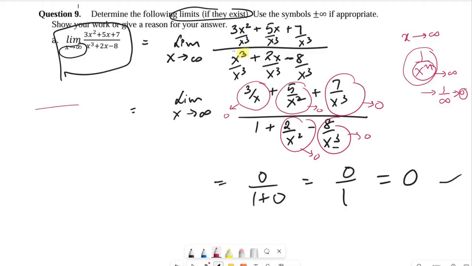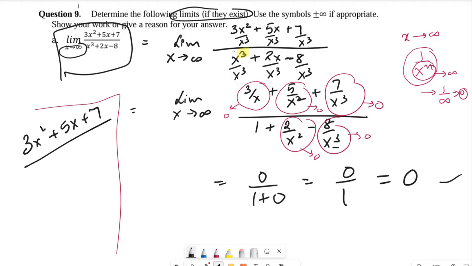I just want to make a connection here to your pre-cal. If in pre-cal I asked you to find a horizontal asymptote of this function, they would have told you to compare the degree of numerator and denominator.